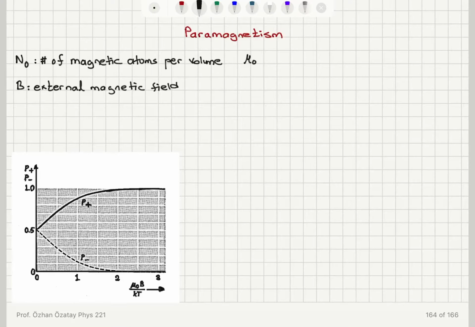Mu 0 is the magnetic moment per atom, and this material is said to be paramagnetic because its magnetic properties are determined by the orientation of individual magnetic moments at a temperature T. So we have T, the absolute temperature, and what makes this material paramagnetic is that the magnetic properties are determined by individual magnetic moments.